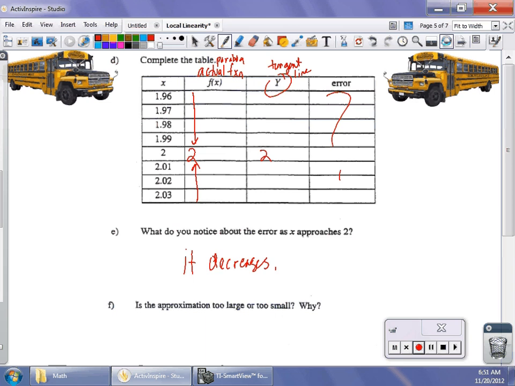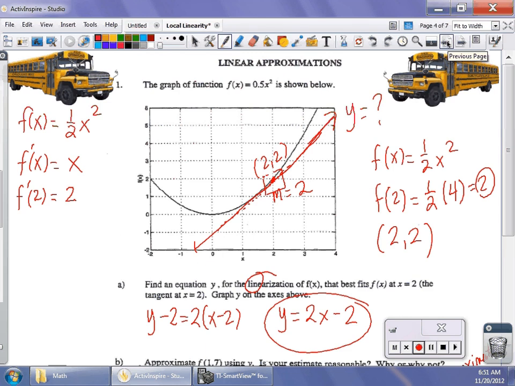Well, let's go back to the graph. Notice, and this is going to be very important, notice that the tangent line is below the curve. Why? Because the curve is concave up.